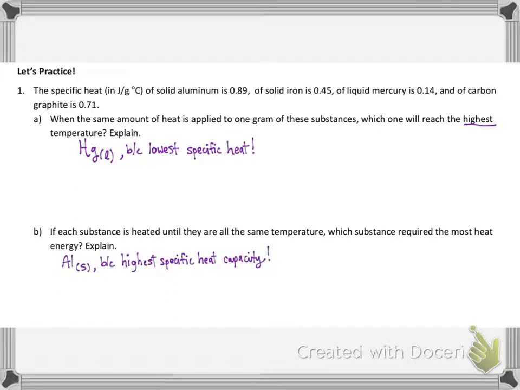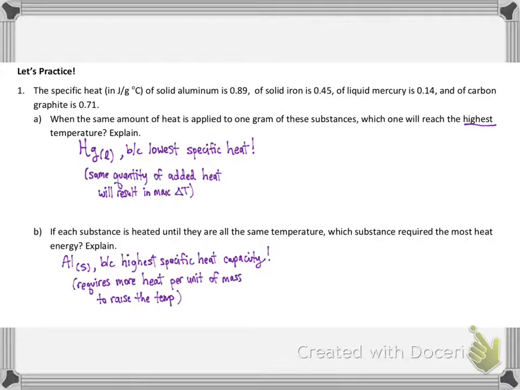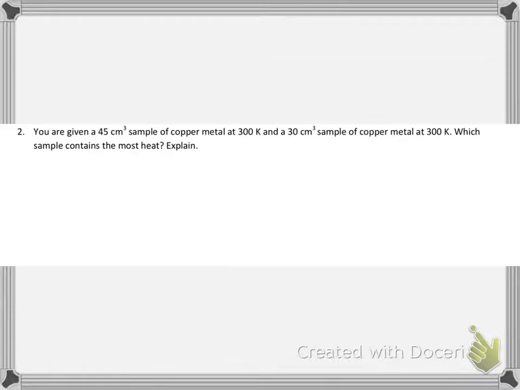Now, to be fair, if this were a free response on the test, it wouldn't be enough to just say, oh, because it's got the lowest or the highest specific heat capacity. You'd have to fill in some details, like this. So it's always good to fully flesh out your answers. All right, we have one more practice problem at the bottom. So you've got a 45 cubic centimeter sample of copper metal and a 30 cubic centimeter sample of copper metal.